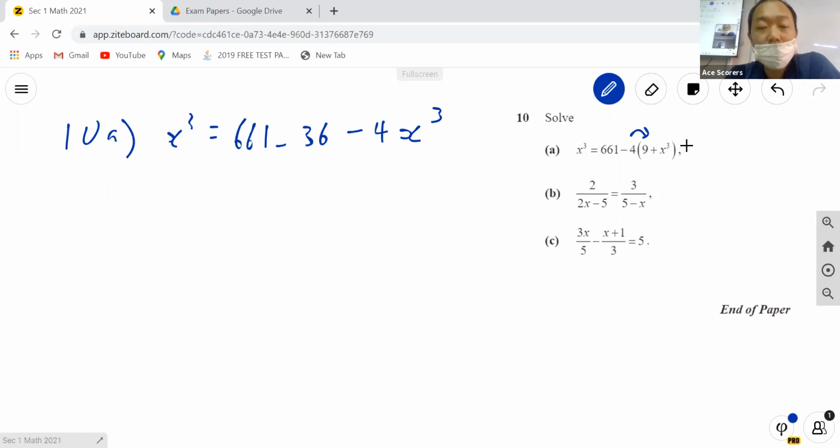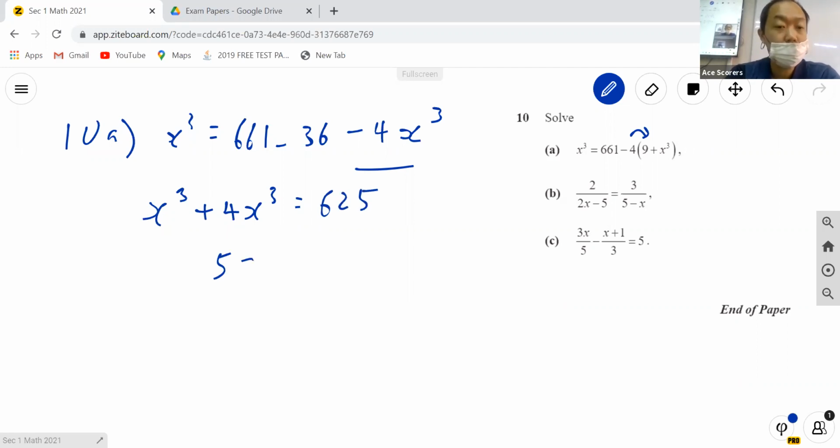Right, so one of the tricks of finding x is I always bring all the x to the left hand side. So I have a negative 4x here, so it's going to go back to the left, so it becomes x cubed plus 4x. 61 minus 36 is 25.